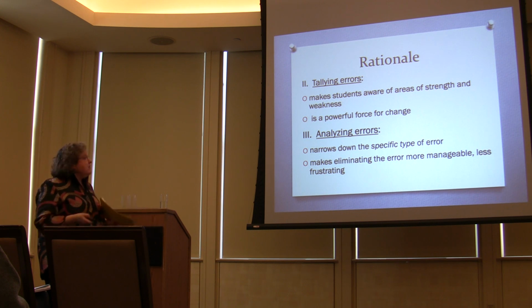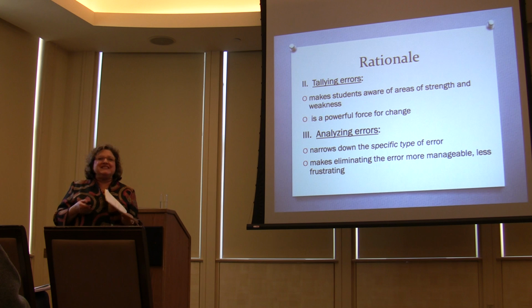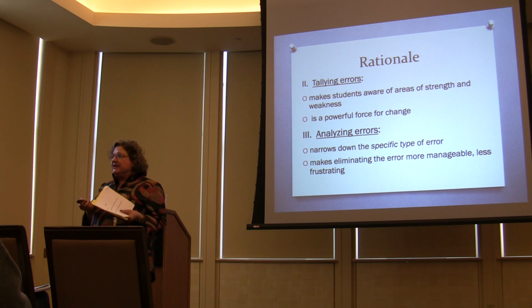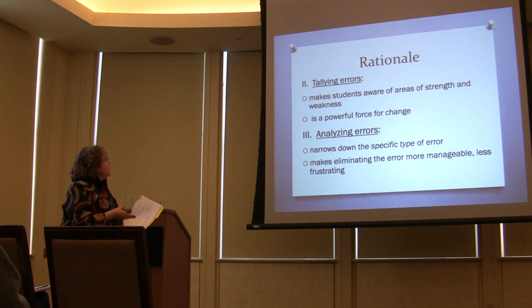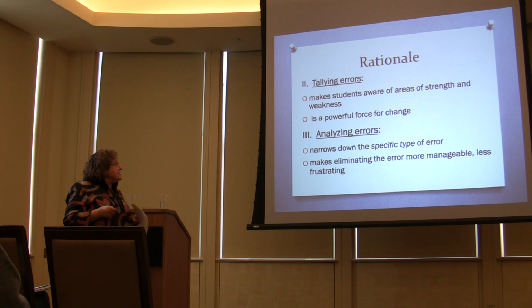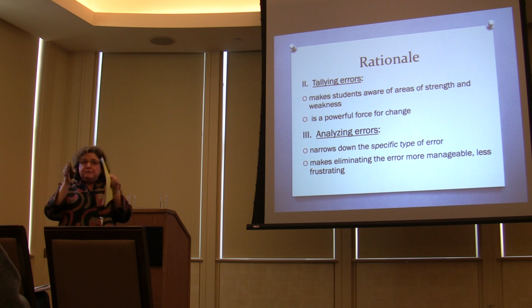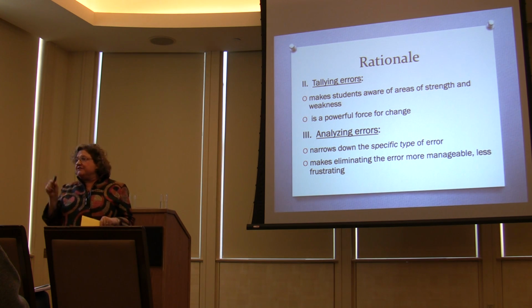Okay. And then I thought, well, this is still kind of general. If you have a problem with tenses, what does that mean? Which tenses? How are you going to correct it if you don't know what kind? So the next step was I had the students analyze their errors. They would take the area that had the greatest number of errors, and then we would break it down more finely so they could see what is their specific type of error.